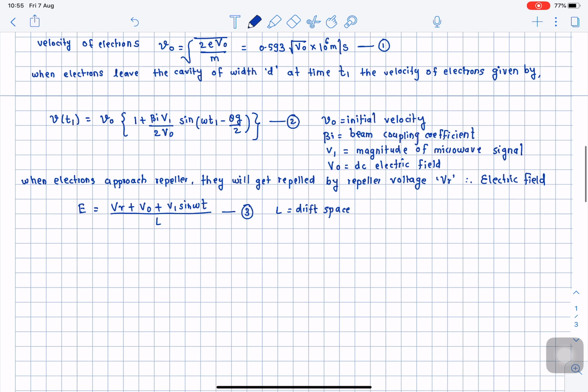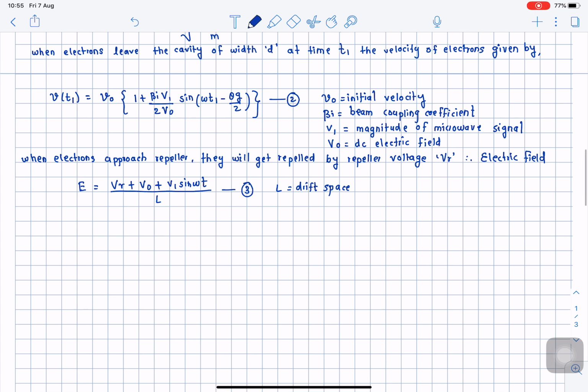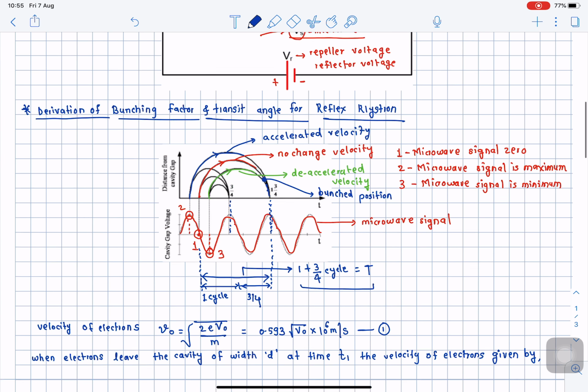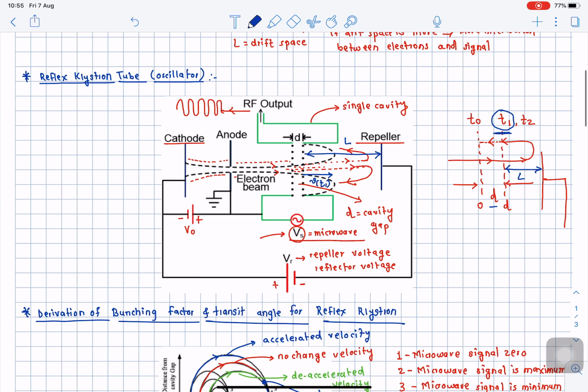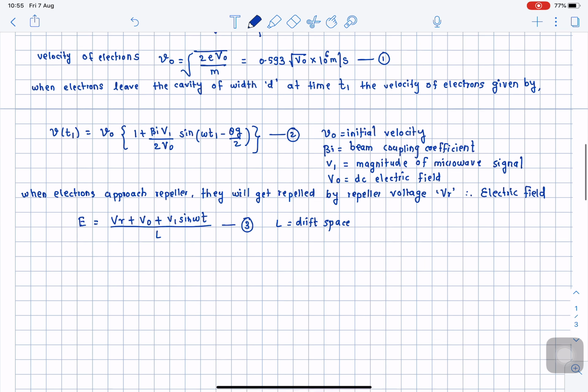So what will happen when the repeller pushes these electrons back towards the cavity? The repelled electrons will come back at the cavity at another time, which is given by t2. When they get reversed in this way, they will again come at t2 in order to enter the cavity back. So here I will write that statement.